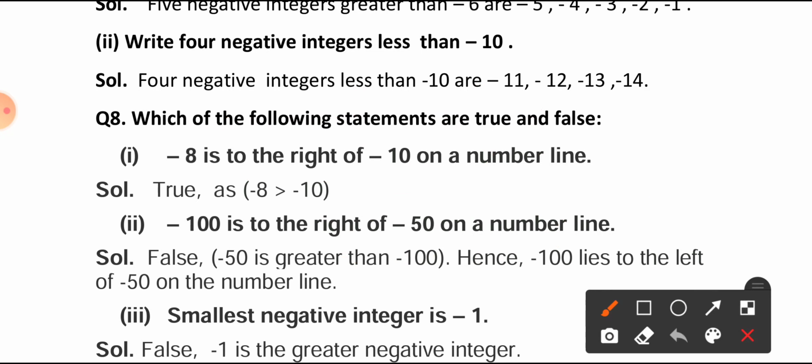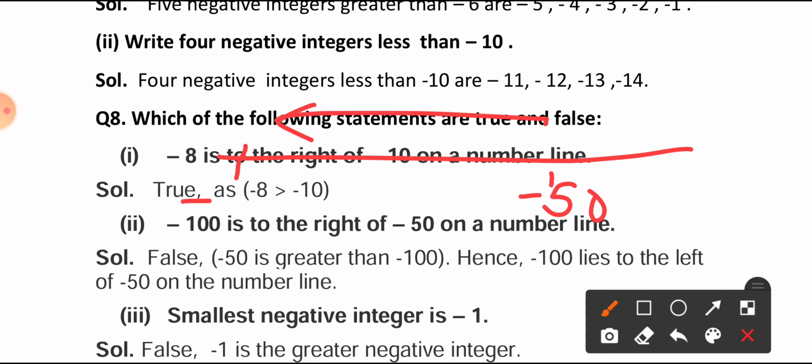Next one, minus 100 is to the right of minus 50. If you make a number line, here minus 50 will come, and as we move to this side, minus 100 will come here on the left hand side. Now see that minus 100 is to the right of minus 50.